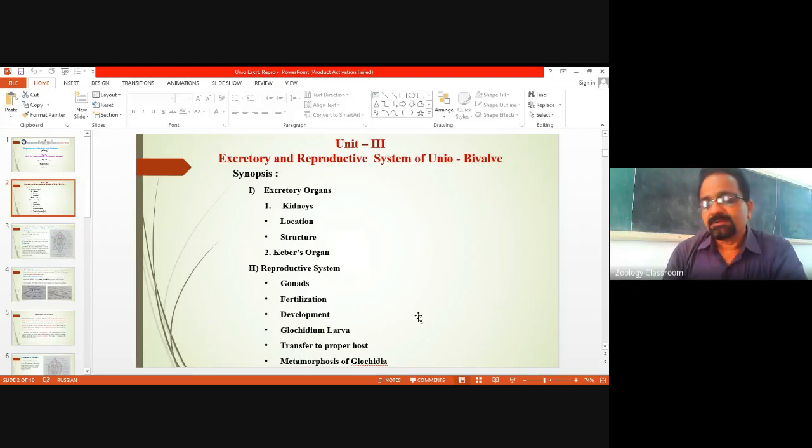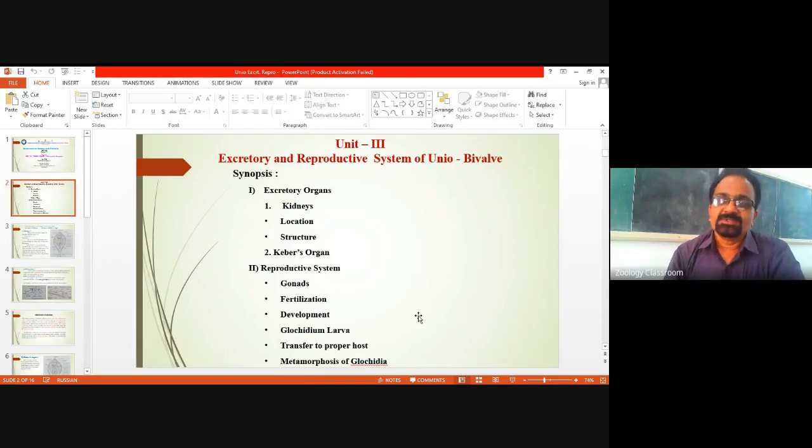Why am I revising this? Because the structure of the gills plays an important role as far as the reproductive system is concerned, as well as the development of the larva. Is that clear? So water tubes are there.